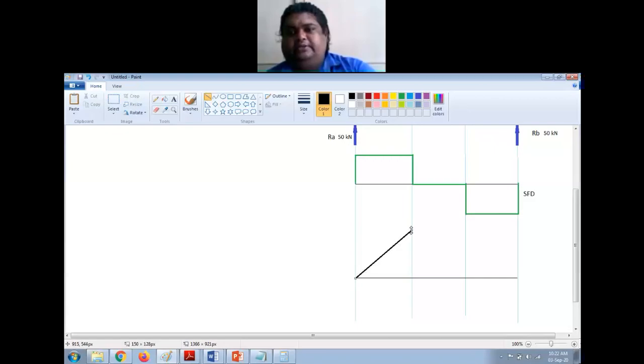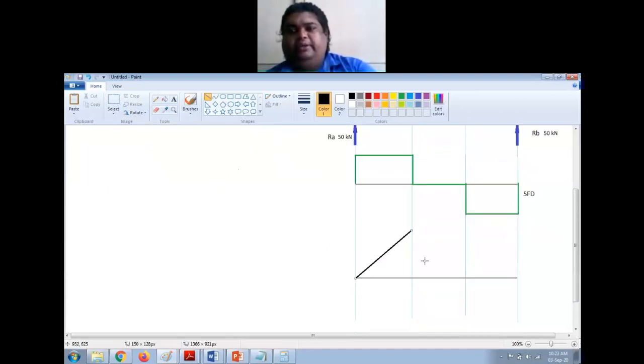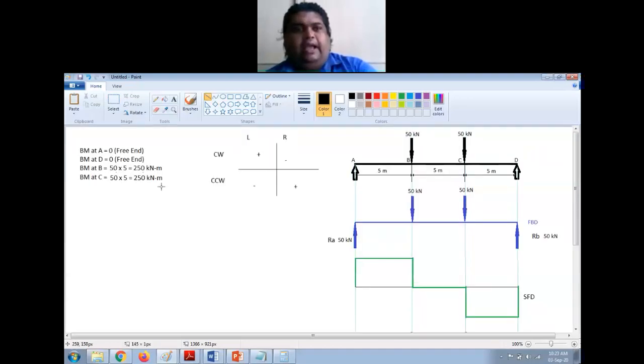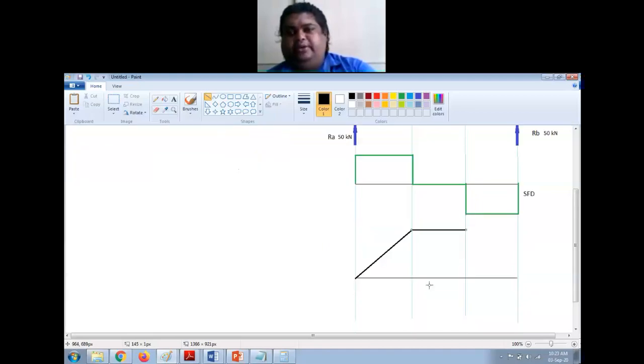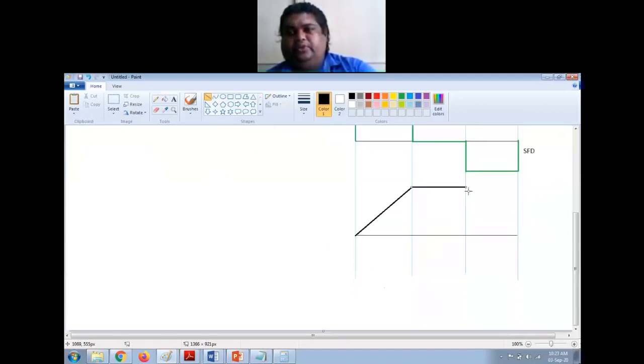It is increasing from 0 to 250 kilonewton meter. From B to C there are no points, so it will remain constant here. It will be constant like this. At C it is again 250 kilonewton meter. At D it is again 0, so it will decrease from 250 to 0 like this.